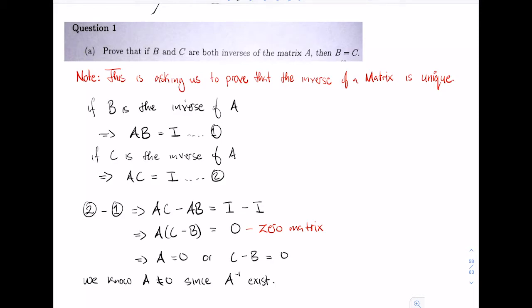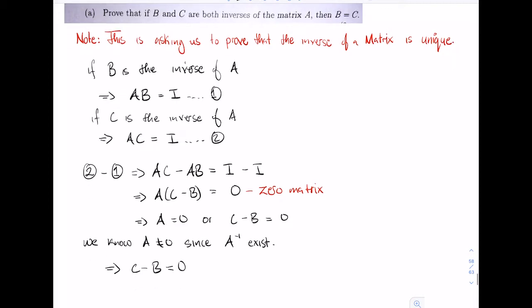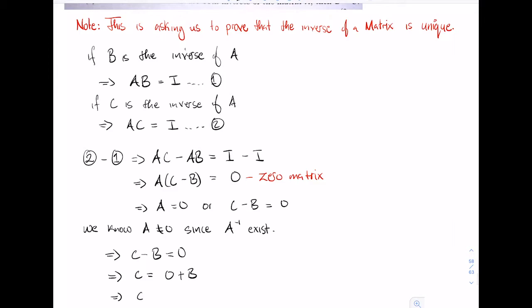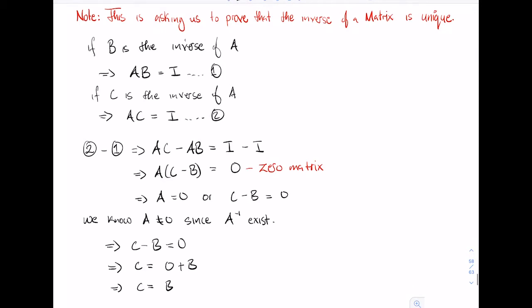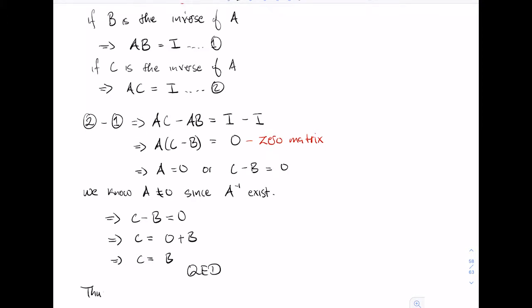So this means that we now end up with C minus B being equal to the 0 matrix as our only solution, which we can only conclude that C is equal to the 0 matrix plus B. And when we add a matrix to the 0 matrix, the result is that resulting matrix, which in this case proves that the inverse is unique.